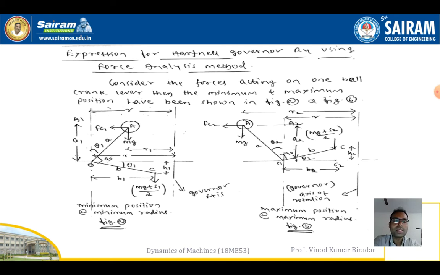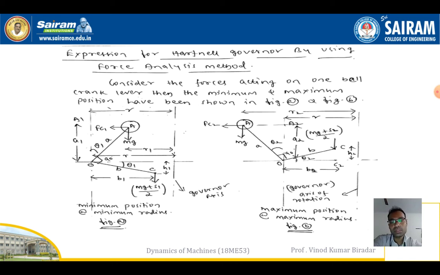If the speed of the shaft increases, the balls rotate at very high speed and move outward, and the sleeve is lifted some distance, that is OC. So OA is the main difference between the minimum position and the maximum position.